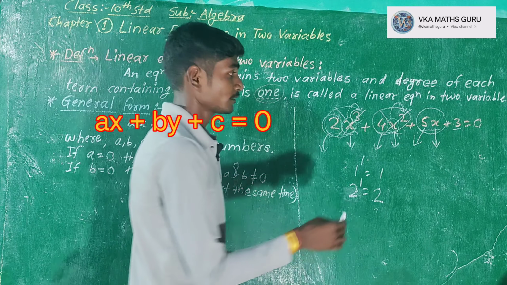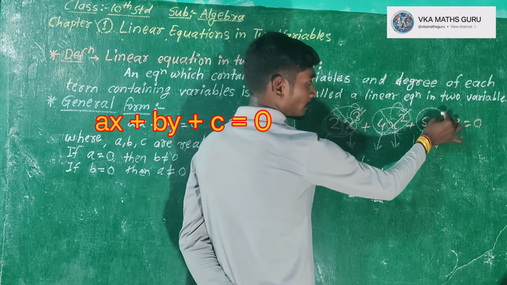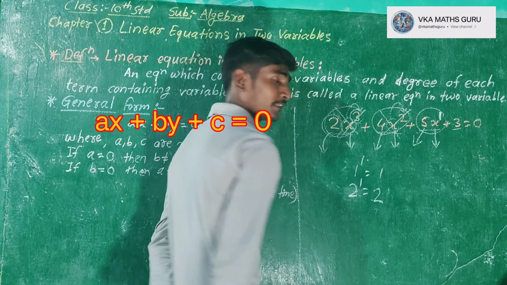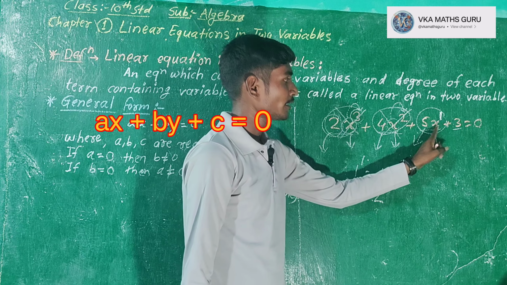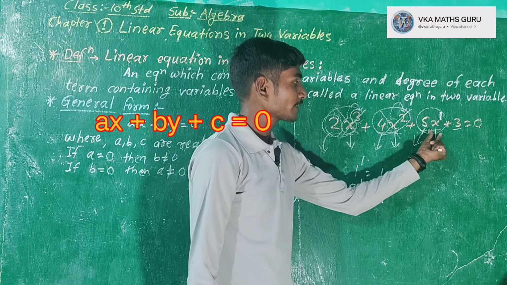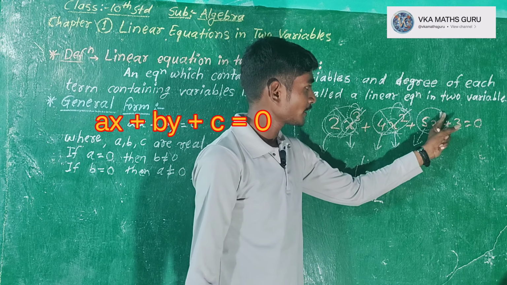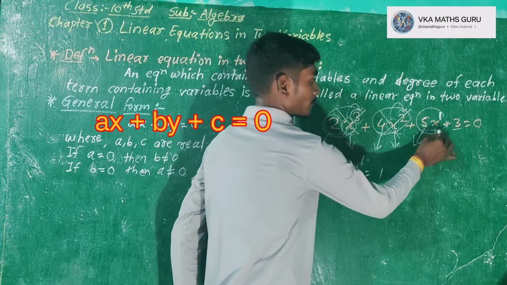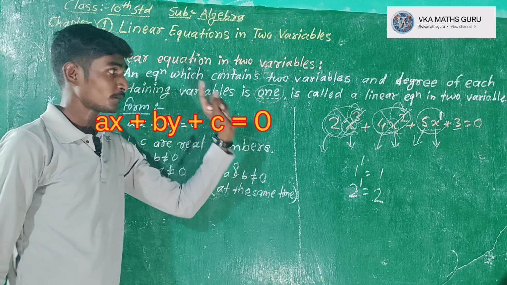So every variable or number having the degree 1, in the term 5x, x has the degree 1. So this term can be available in a linear equation.